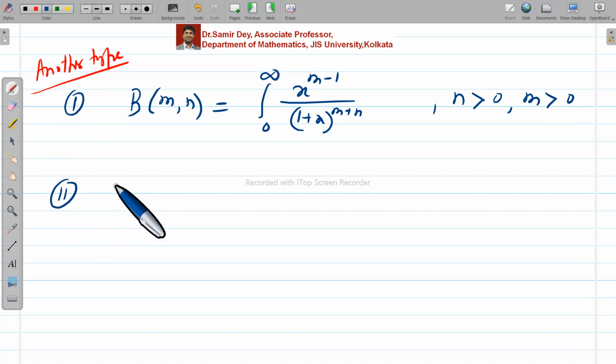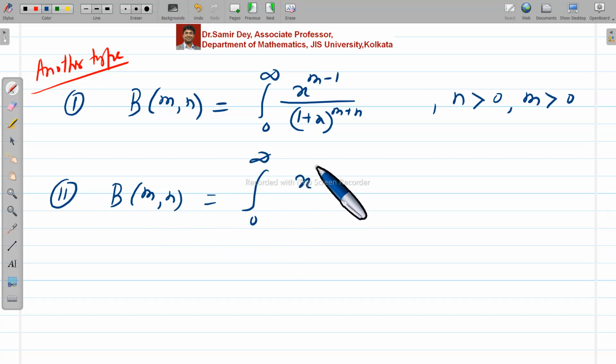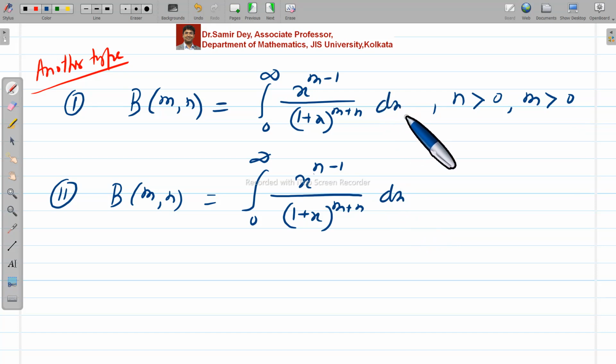Number two, B(m, n) in another form is the integral from 0 to infinity of x to the power n minus 1 divided by (1 plus x) to the power m plus n dx.